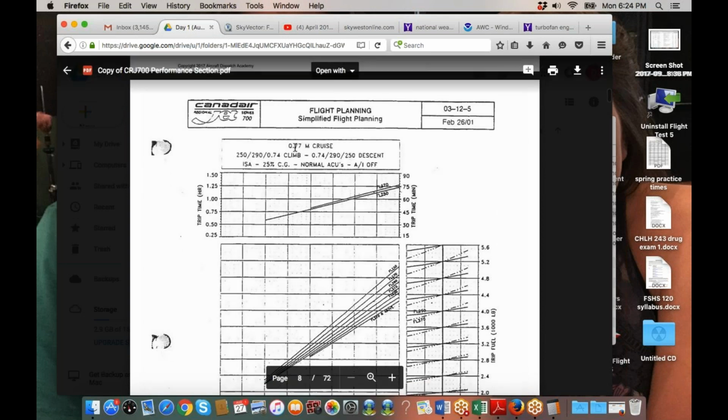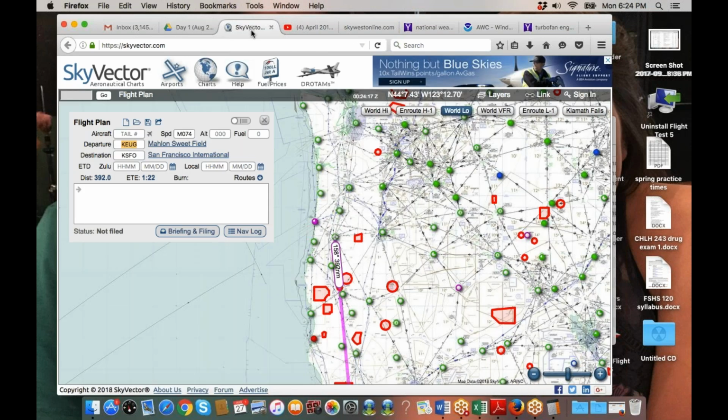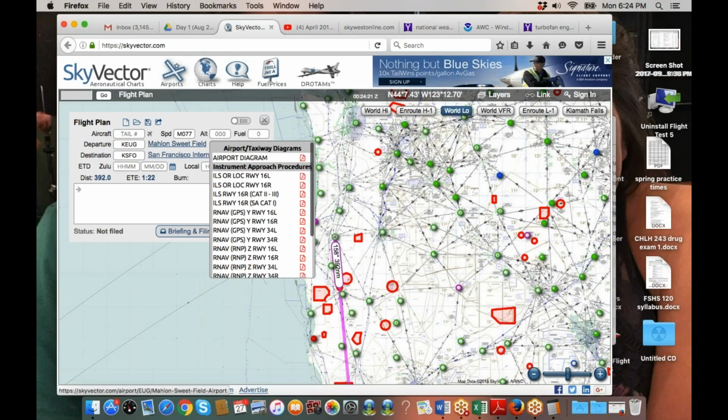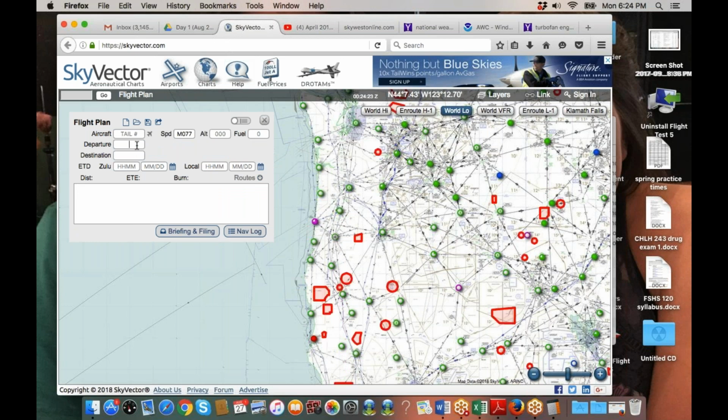So we're doing Mach 77 in this. Change that to 77. Where are we flying from? Where are we flying to? Anywhere in the contiguous United States. Austin, Texas. Saginaw. Saginaw to Austin, Texas.